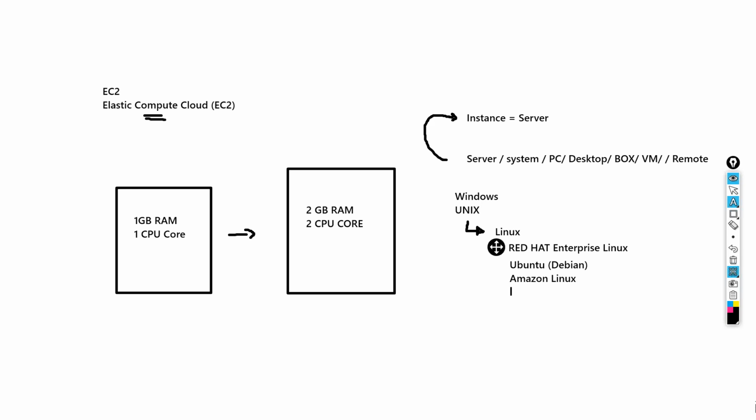Okay, like this, we have a lot of operating systems, guys. Linux is open source, right? Anyone can download it, anyone can modify it, and they can release their own operating system. Apart from these, we have CentOS, Fedora, Linux Mint, SUSE Linux, and Kali Linux.